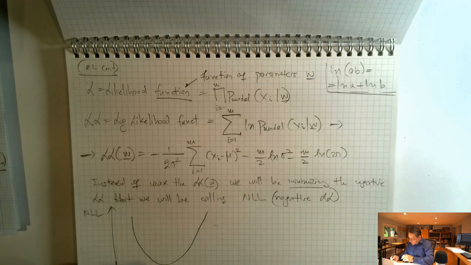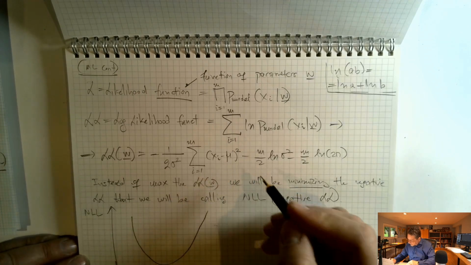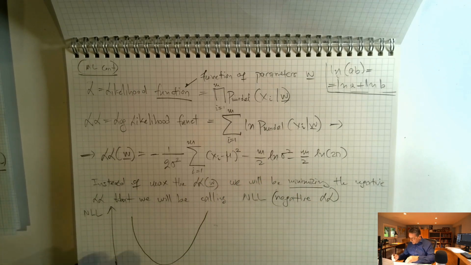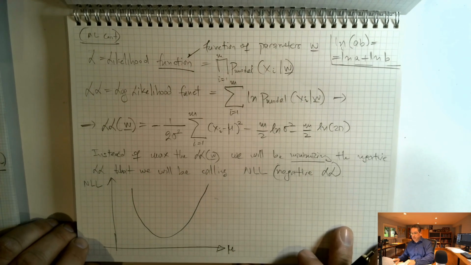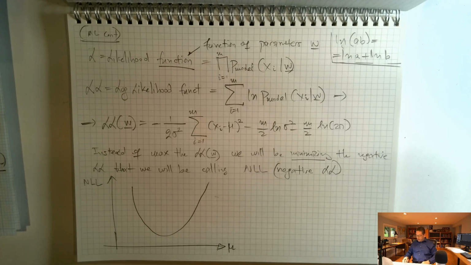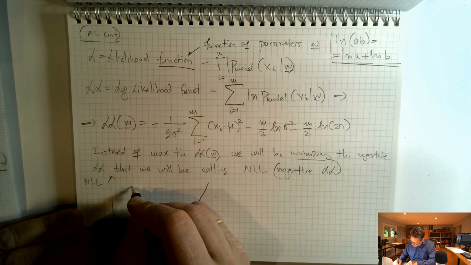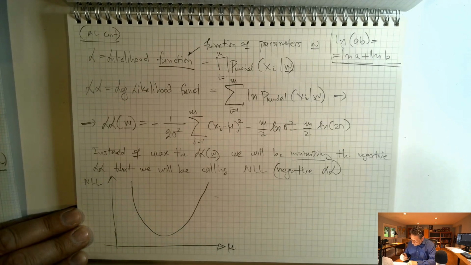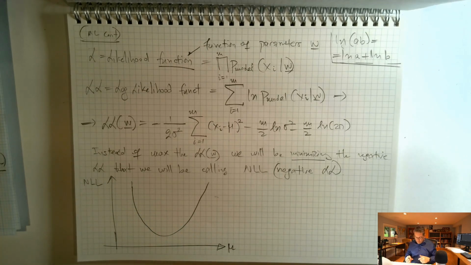If I want to plot this, I have two parameters, so I need a three-dimensional plot. But if I set sigma squared to some constant number and plot it as a function of only the mean, then I will get something that looks like that. So the negative log likelihood function is going to be well behaved in this case.